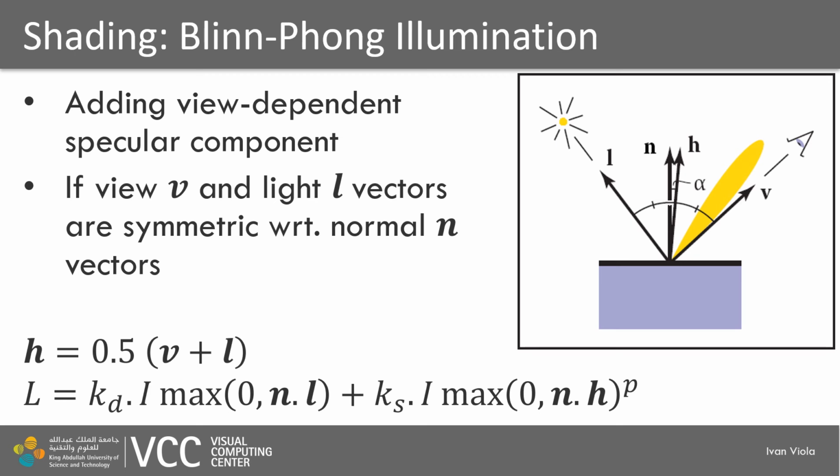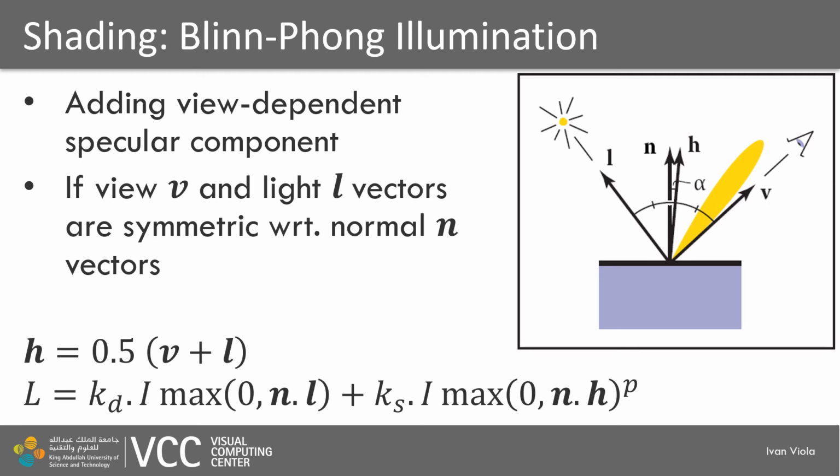So we will add a so-called specular component to the illumination. The Lambertian shading will be responsible for the so-called diffuse illumination component, and the shiny specular component will be achieved by the specular formula.